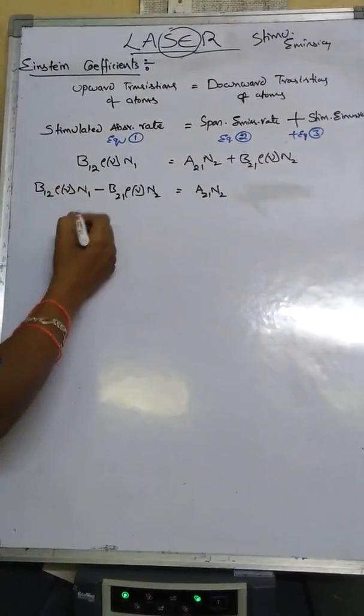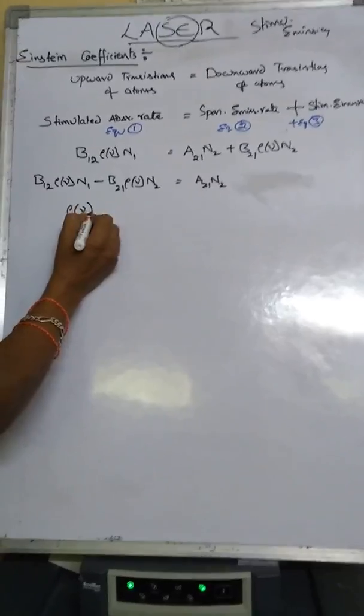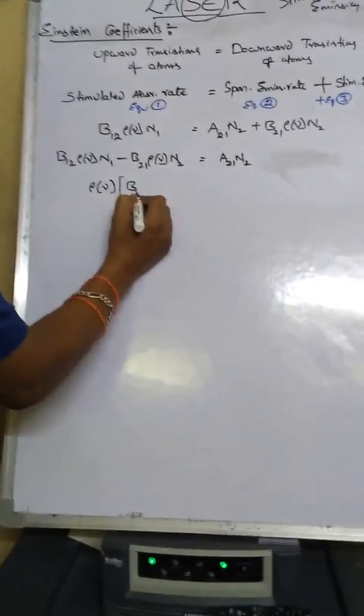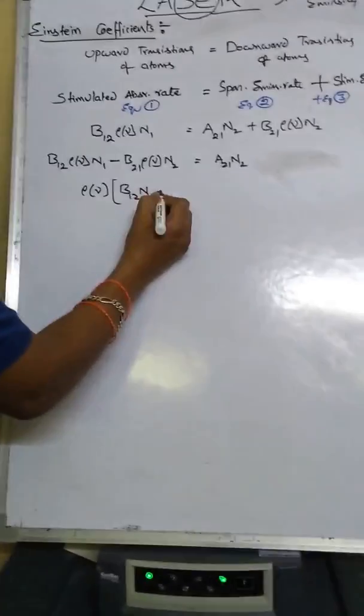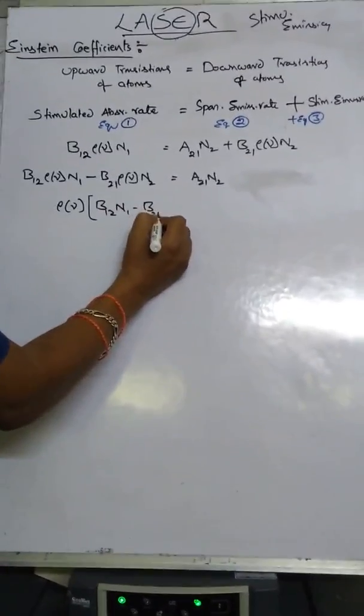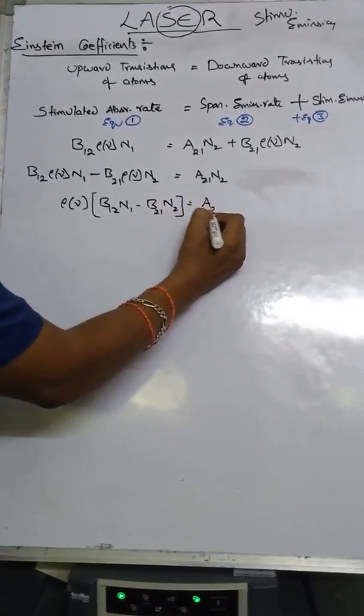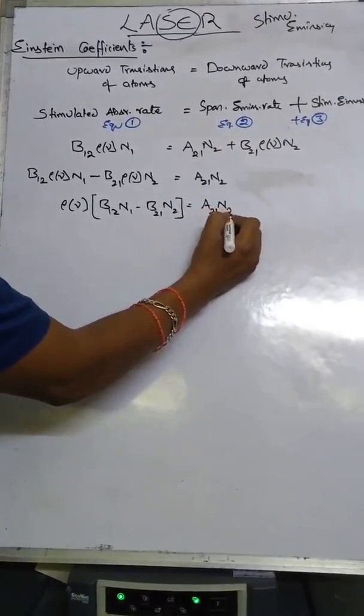Then I will take rho nu as a common term, and therefore rho nu times (B12 n1 minus B21 n2) is equal to A21 n2.